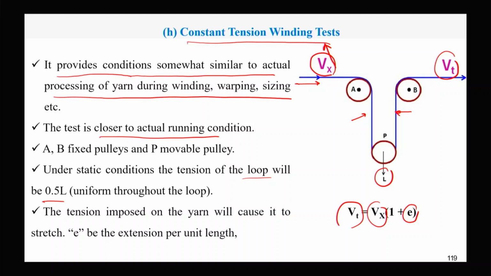So if we know the extensibility at a certain tension, then we can adjust the output speeds.